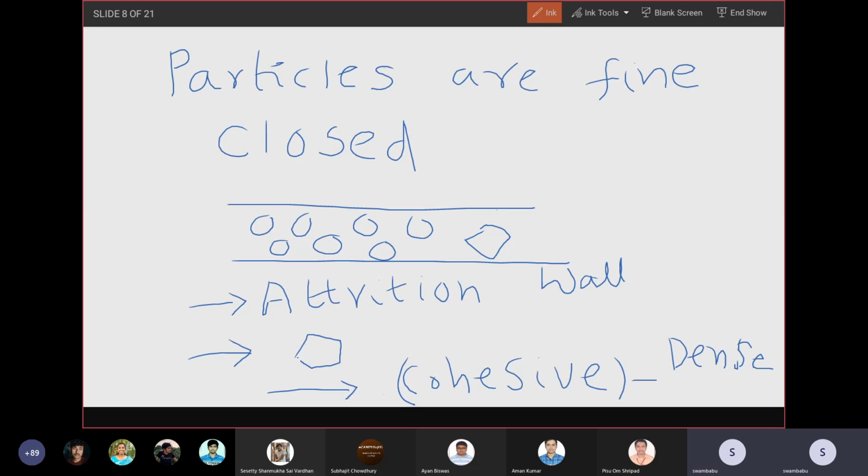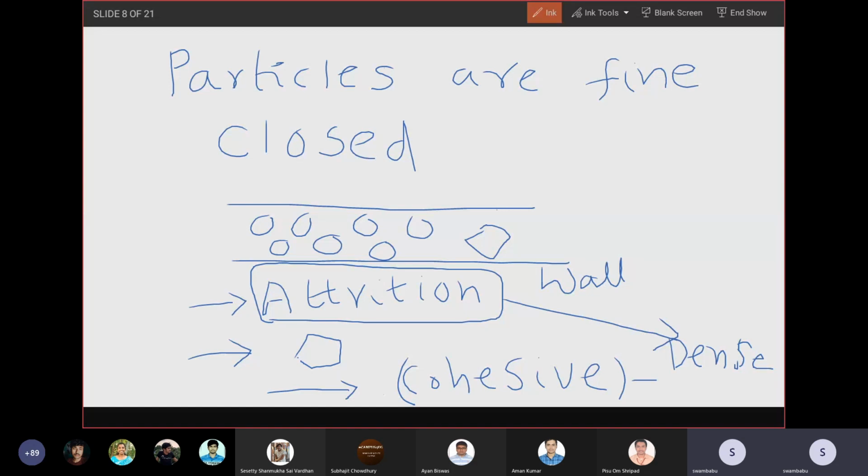Second, if you want less attrition, because attrition cannot be avoided but can be minimal, in those cases where you want minimal attrition between the particles, we use dense phase pneumatic transport.